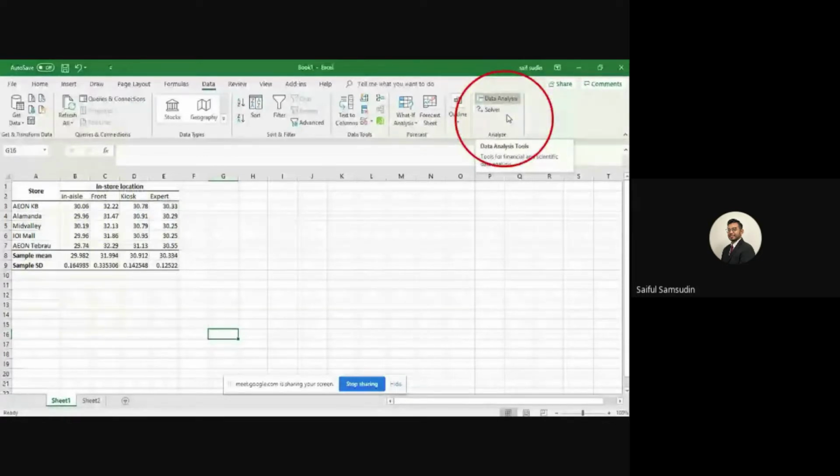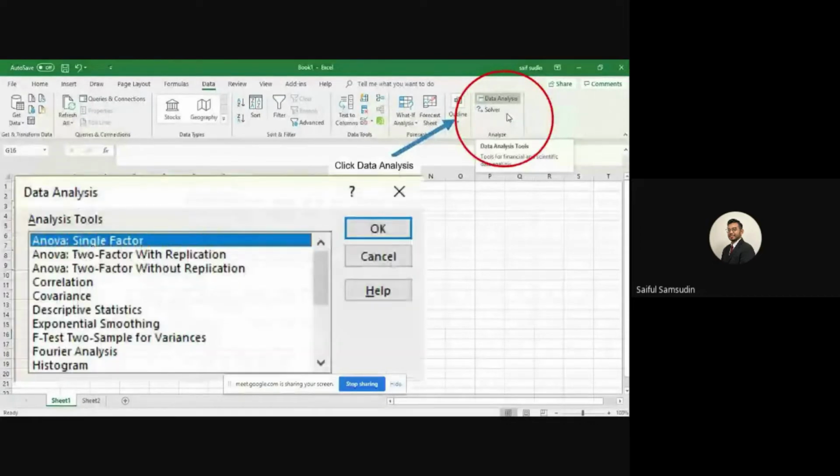From the data analysis, you can click, and it shows a box of several statistical analyses in Excel. So you can use this for your data.